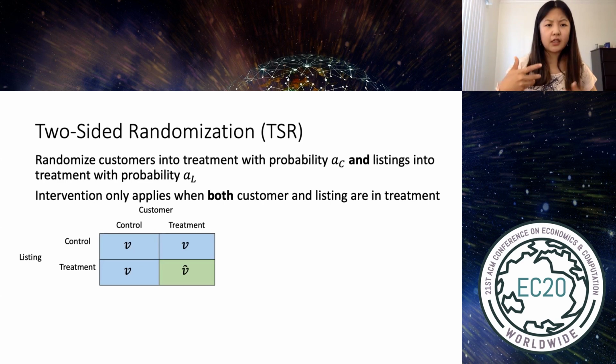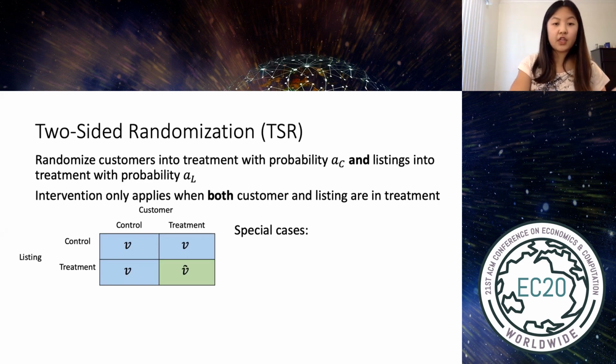So basically, if we look at all the customer-listing interactions of the market, there's a 2x2 matrix that characterizes the treatment-control behavior. A treatment customer on the labor market will only see the previous history of a listing if that listing is also in treatment.